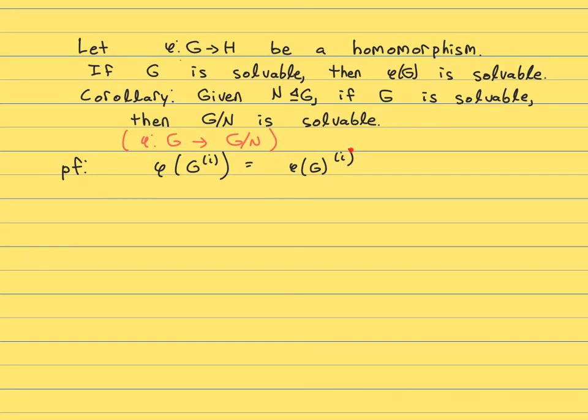Therefore, at some point, the nth derived subgroup of the image has to be trivial. And that's all you need. So why is this true? Well, again, one has to rely on induction.